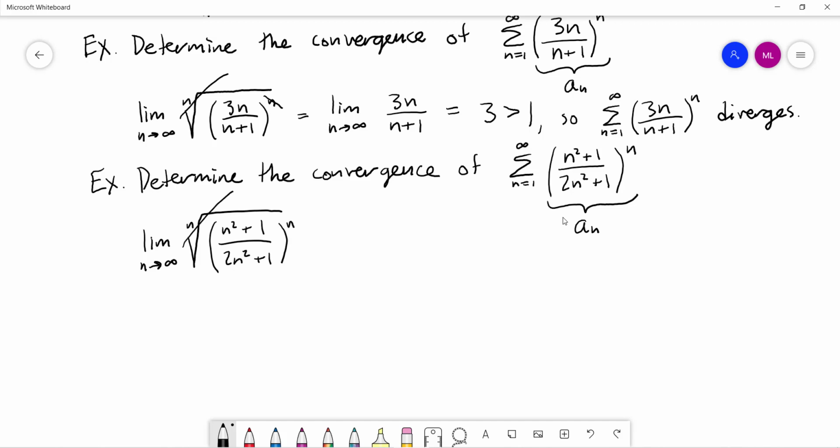This nth root cancels with that nth power. We simply get the limit as n goes to infinity of n squared plus 1 over 2n squared plus 1. That ratio is simply 1/2, which is less than 1. So this bad boy converges absolutely.